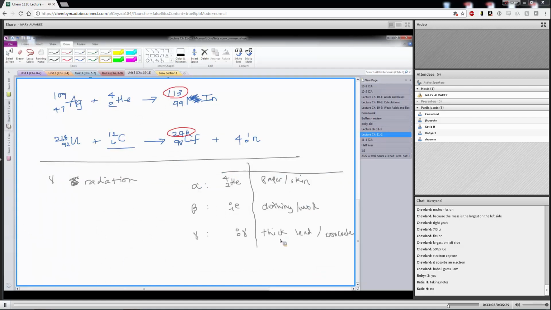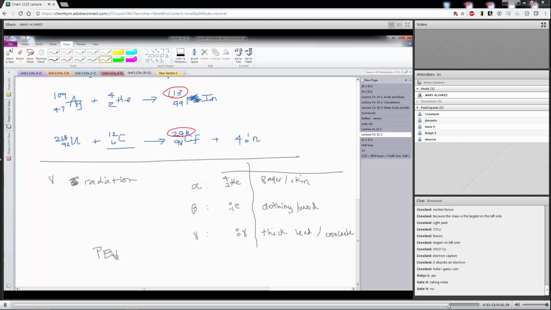For instance, positron, everybody heard of positron emission tomography? Or a PET scan?